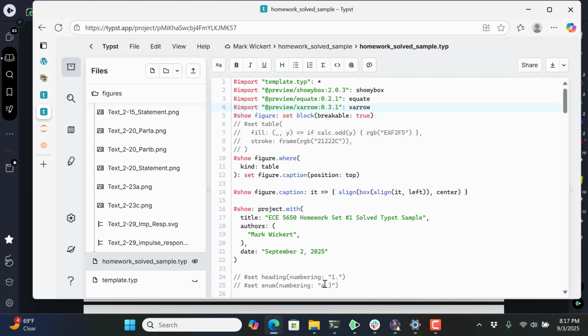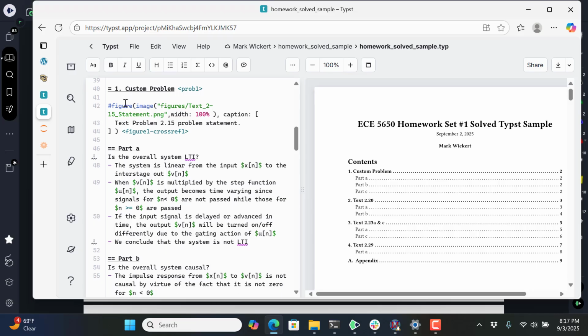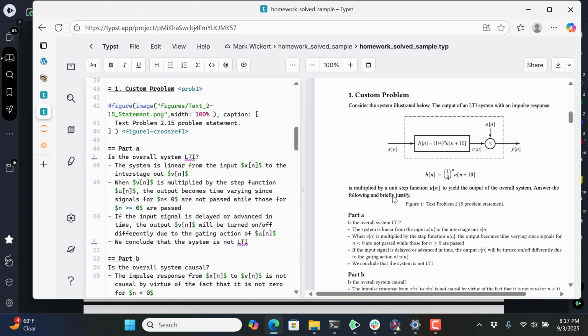The bottom line, though, is as you'll see later, you can import content, and it generates the table of contents with the links, but then you can import some problem statements if they've been scanned or available by another means.